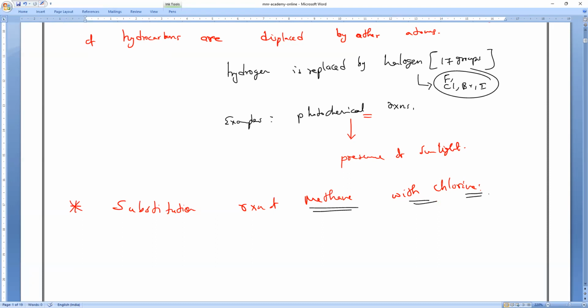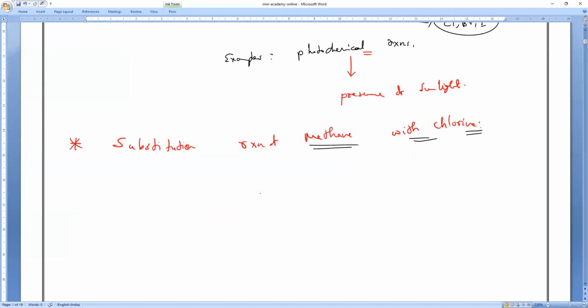When chlorine reacts with methane in the presence of sunlight, one by one all the hydrogen atoms get displaced by chlorine. One by one. First, one hydrogen will be displaced. It will be continuous also.